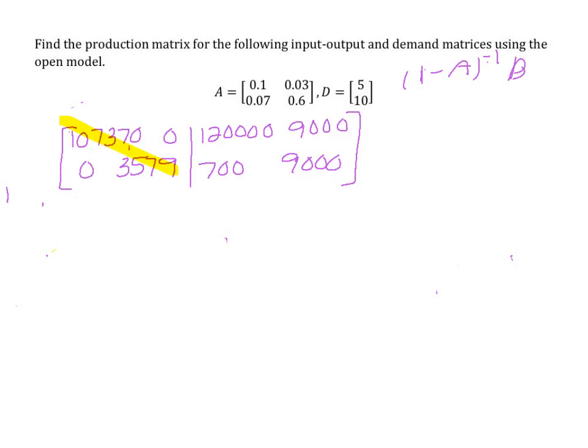So I know this is going to be daunting and kind of scary, but I need to divide my top row by 107,370, and I need to divide my bottom row by 3579. So that we get 1, 0, 0, 1. And I'm just going to leave them in fractional form.